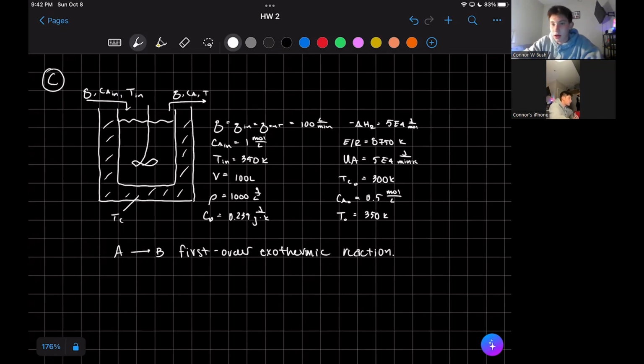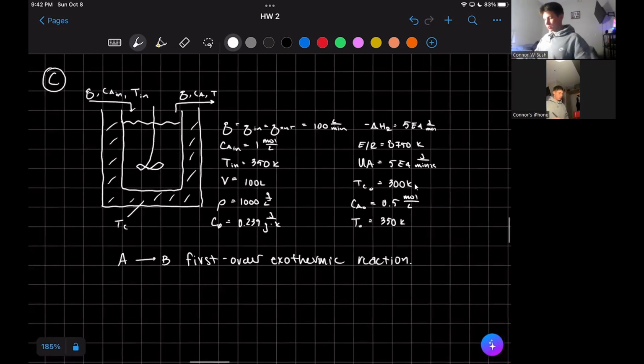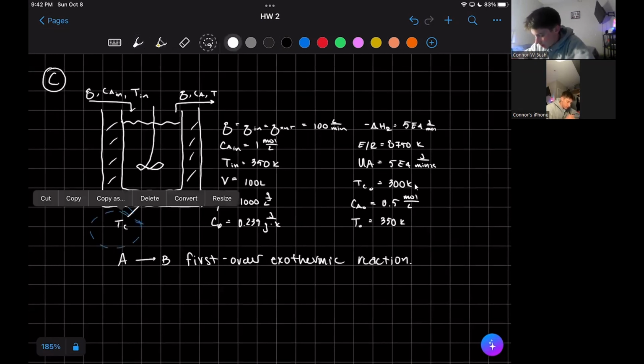So I can explain what's going on here. Okay, so we have this continuously stirred tank reactor. There's a cooling jacket marked by coolant temperature TC right here.